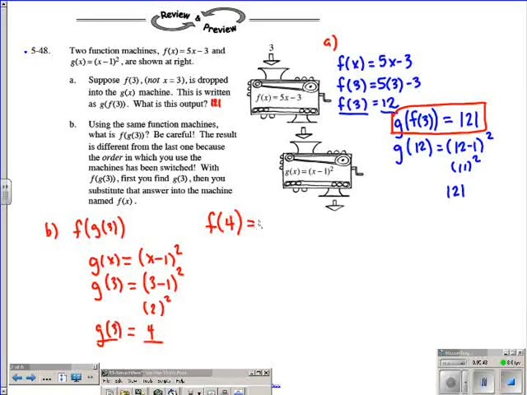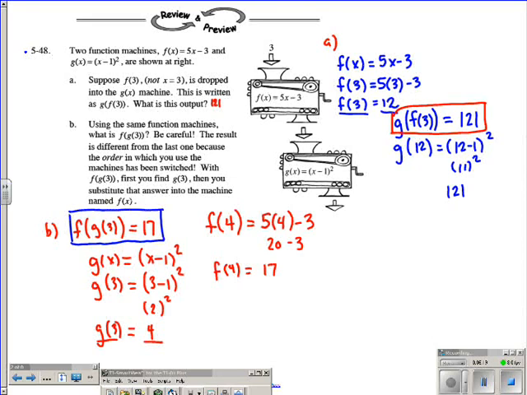So f of 4 is going to equal 5 times 4 minus 3. 5 times 4 is 20, minus 3 is going to give us 17. So our function f of 4 equals 17, which means that f of g of 3 also equals 17. That would be our answer for B.